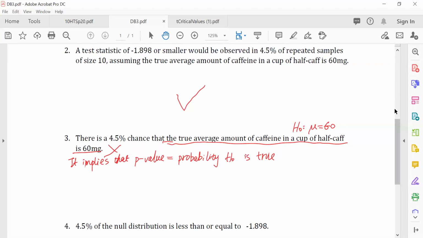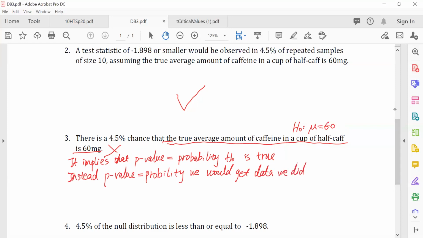So what should be true instead is the p-value is the probability we would get the data we did if H null were true.